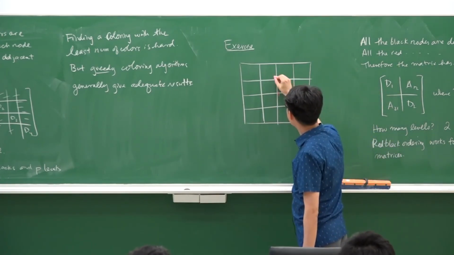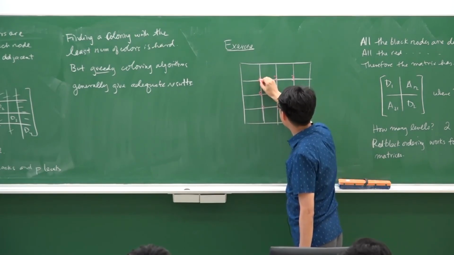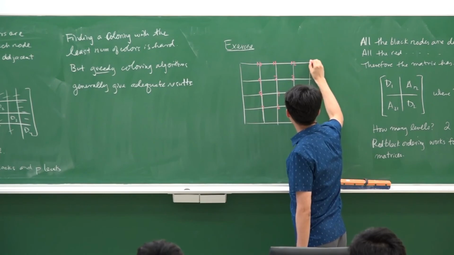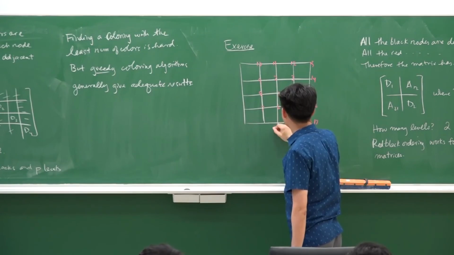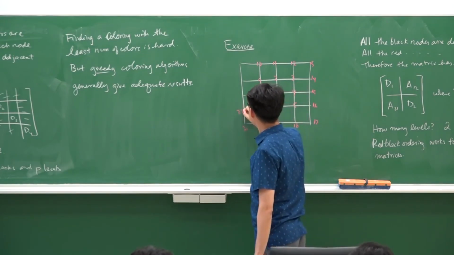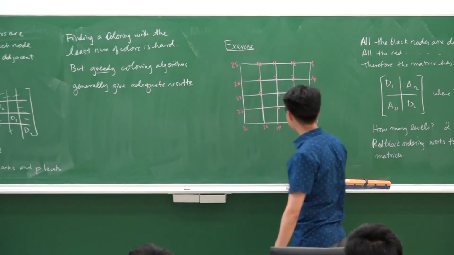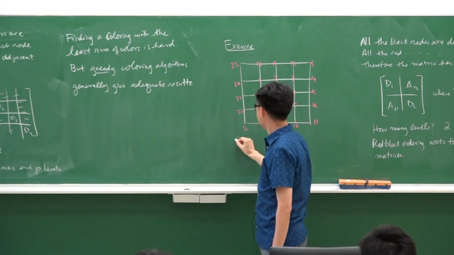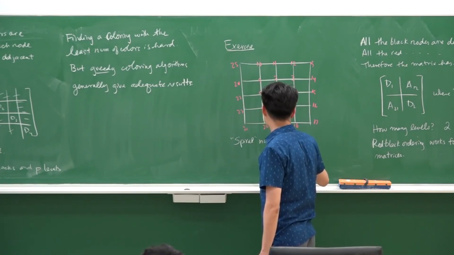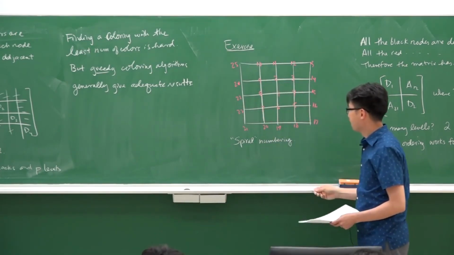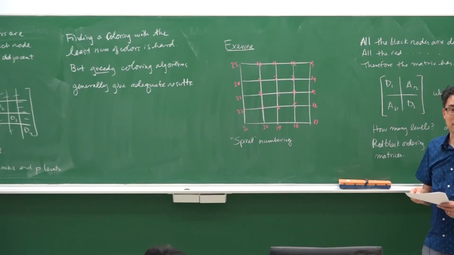I'm going to start over here, 1, 2, 3, 4, 5, 6, 7, 8, 9, 10, 11, 12, 13, 14, 15. Okay, so there are 25 grid points. This is a spiral numbering. Okay, so the question is, how many levels are there?